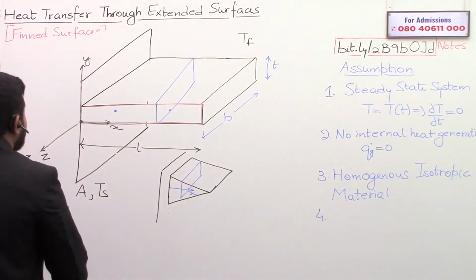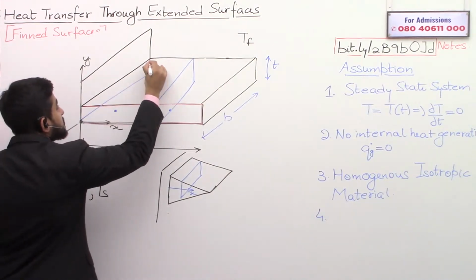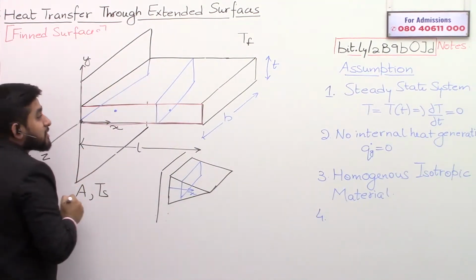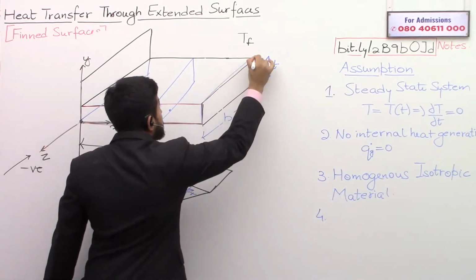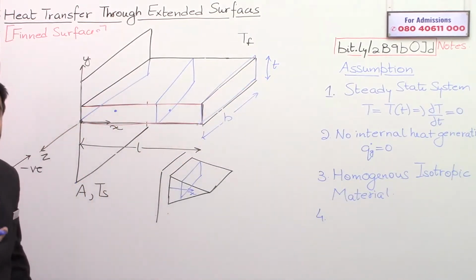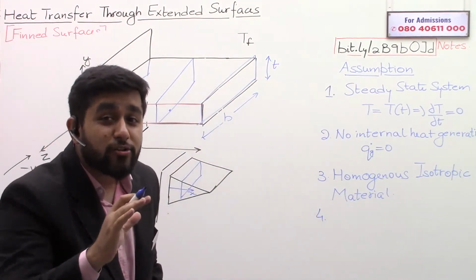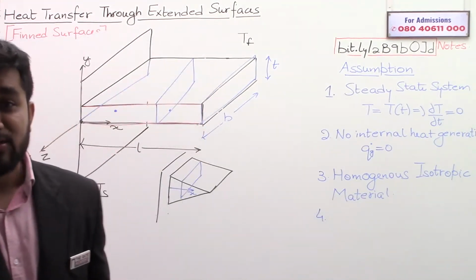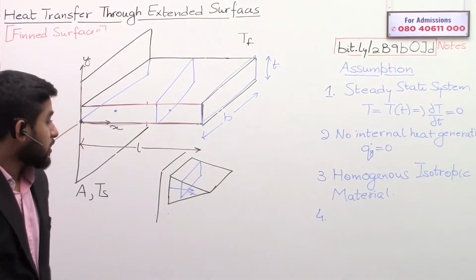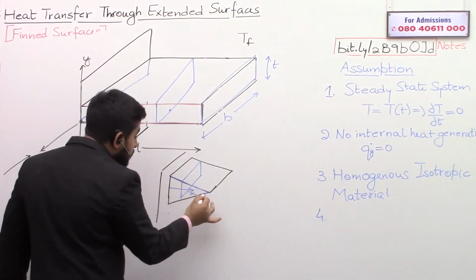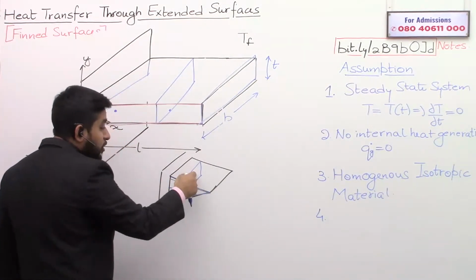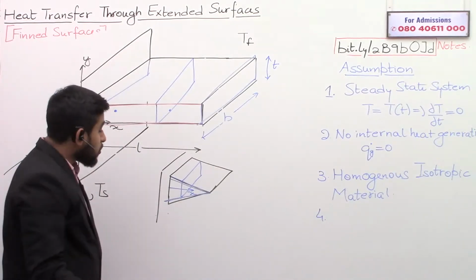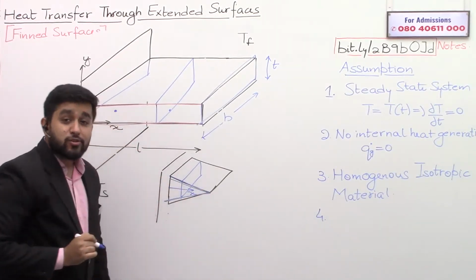But here, if you check the cross section at the base or at the tip, both cross sections are the same. So this fin is non-tapered, right? Non-tapered fins are called rectangular profiles. This is a triangular profile. Please note, for this, the cross section is rectangular only, but the profile is triangular.